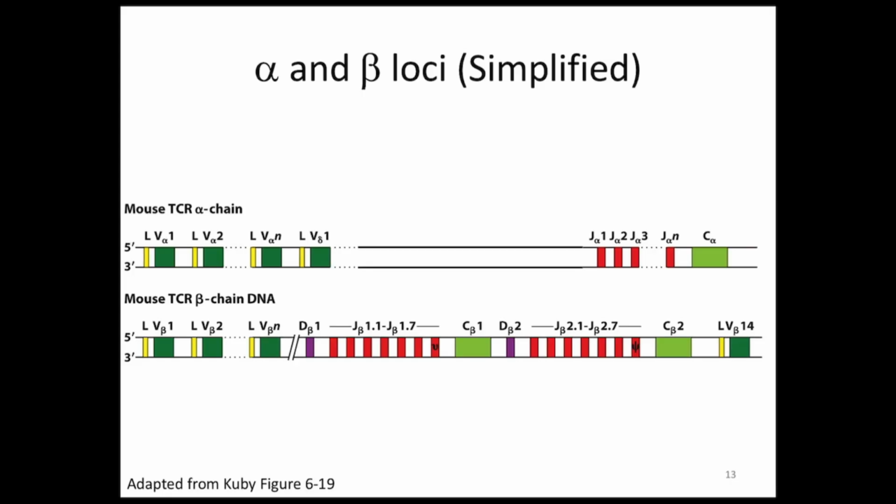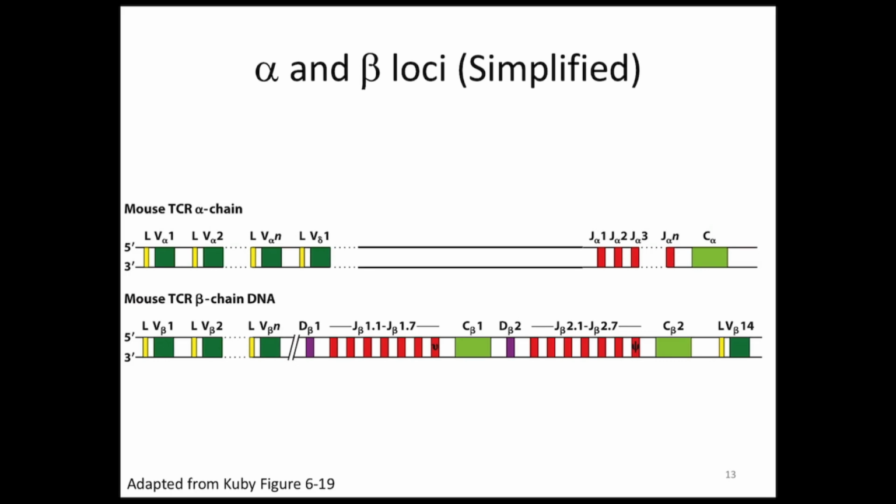And so here you can see a simplified version of the alpha and beta loci. I will have to show you the more complicated version in a few slides, but for now we can look at the simplified version. You can see that, again, for alpha, we've got a bunch of V's and a bunch of J's, and we've got our constant region. For beta, it seems like there was a duplication.